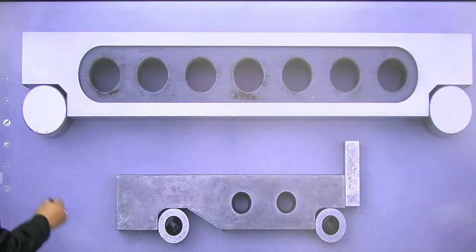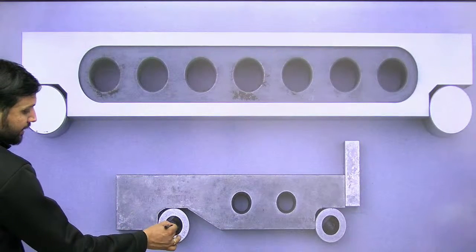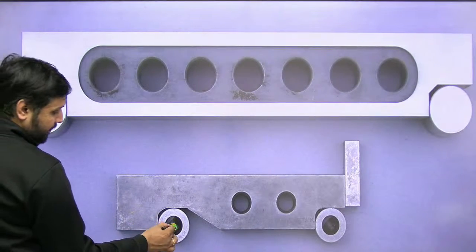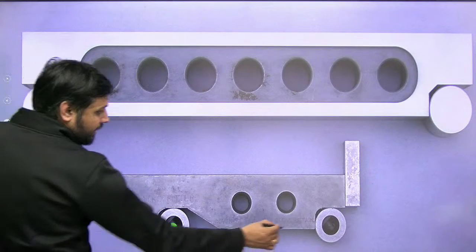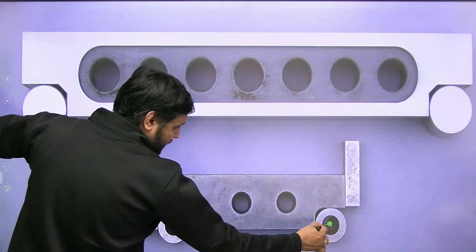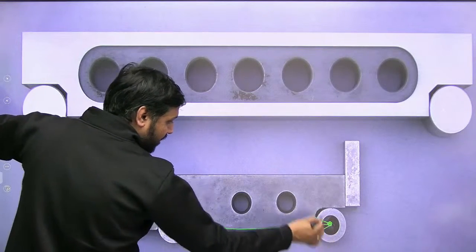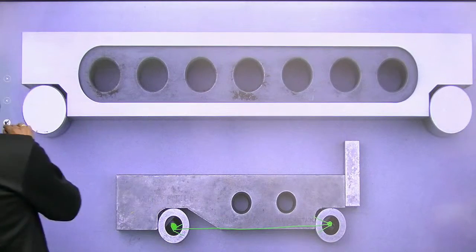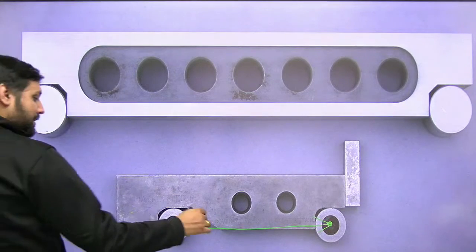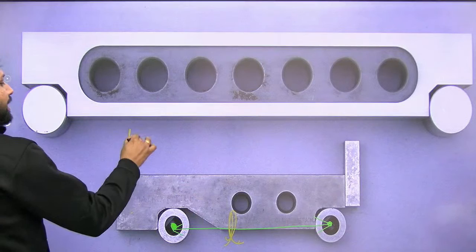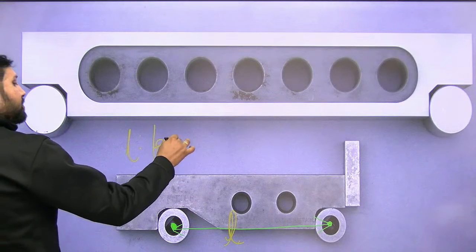If you look at the center to center distance of the two rollers, from this center up to this center of the roller, this length between the centers of the rollers, my dear lovely students, let us say this length is L, then this L is what we call the length of the sine bar.